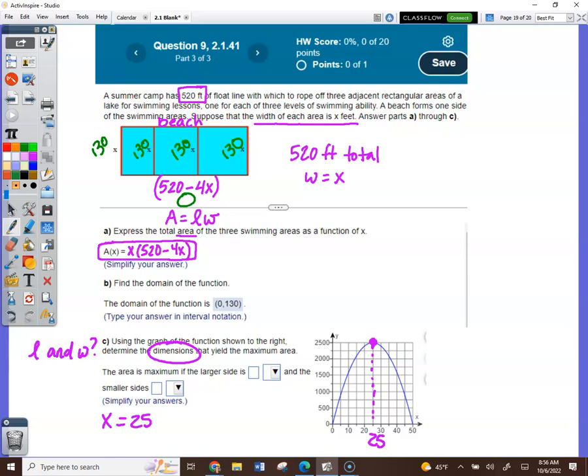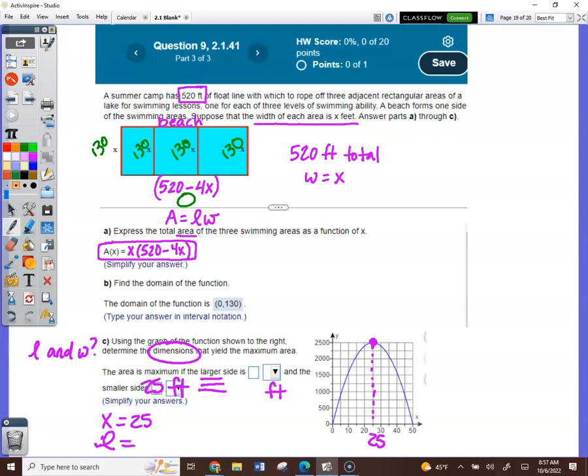This is 25, so then the length, you would plug it back in to get your length. And this is what it's asking for. Tell me the long side. The larger side, what is it? It's so many feet. Now tell me the smaller side, which is your width. In my case, it would be 25 feet.